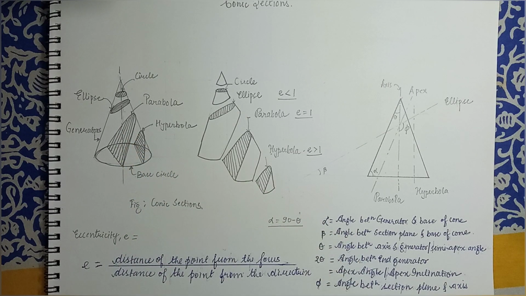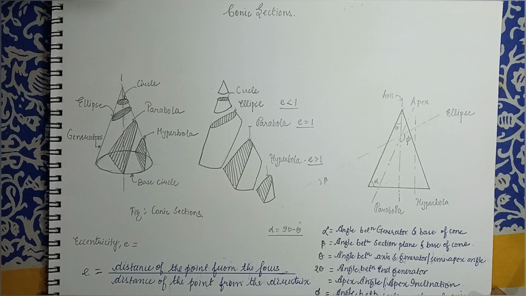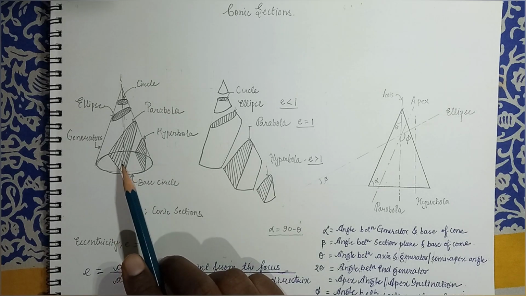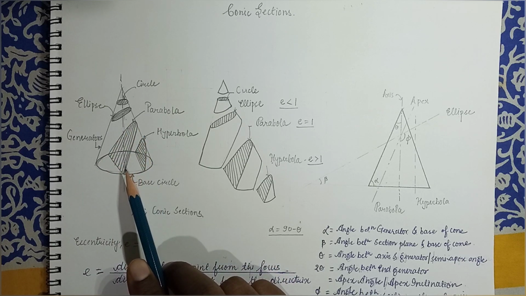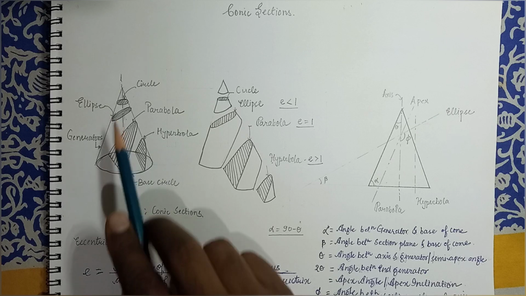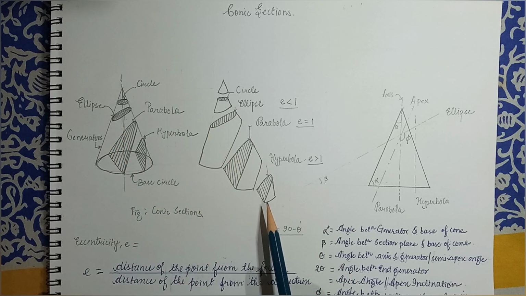So what we have seen in today's video, we talked about conic section. We have seen various orientations of the section plane on the cone, how it cuts and how the sections are obtained.